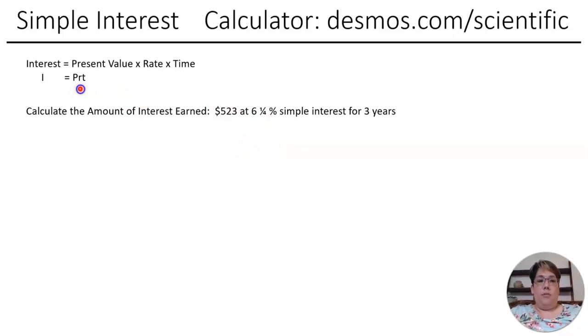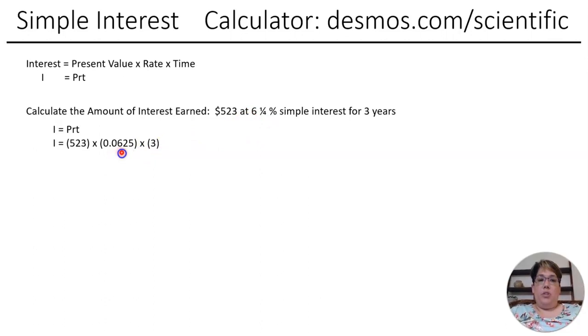So there's my formula, and I said 523 is my principal. Now notice my rate is 0.0625. That is 6 1/4% in decimal form.